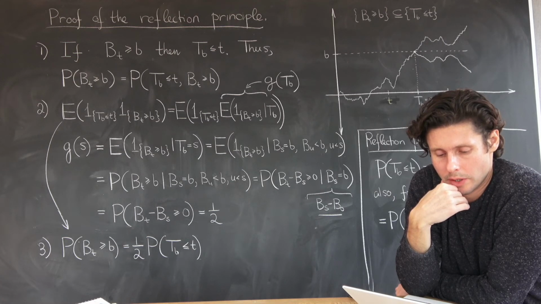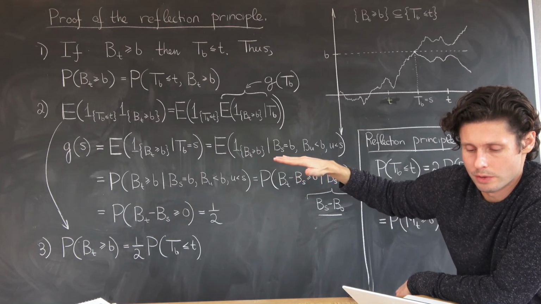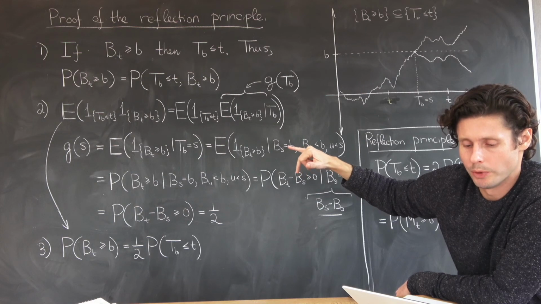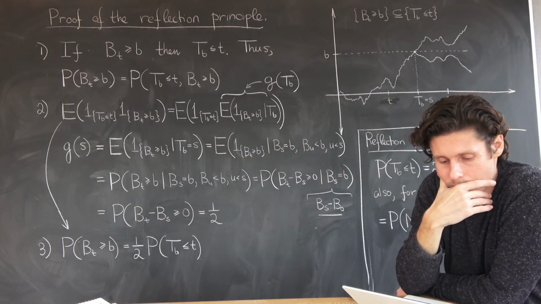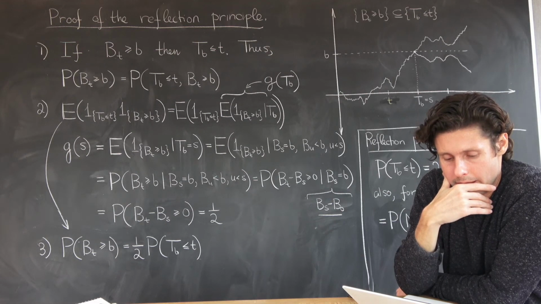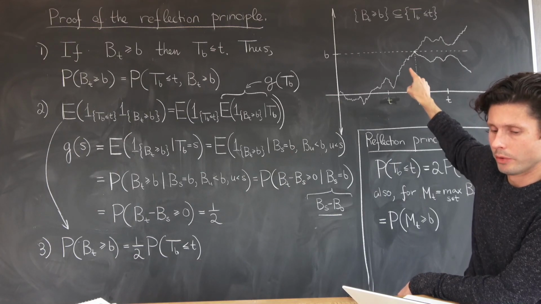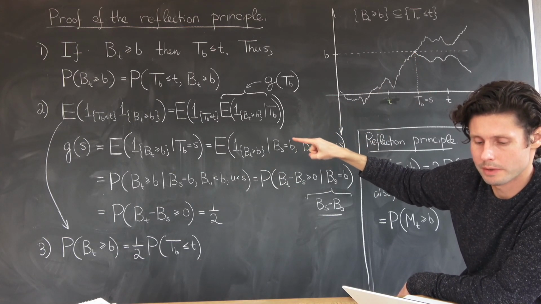Well, a couple of things had to have happened in order for this to occur. One is that the Brownian motion at time s better be equal to b. That's what it means. This is the illustration here. At the time at which the Brownian motion hits the level, the Brownian motion better be equal to that level. That's by definition.